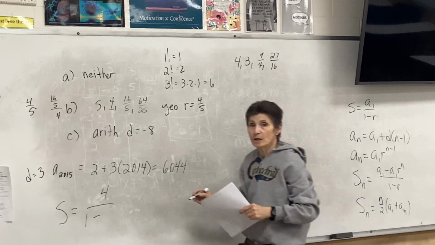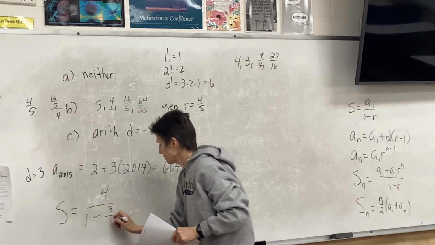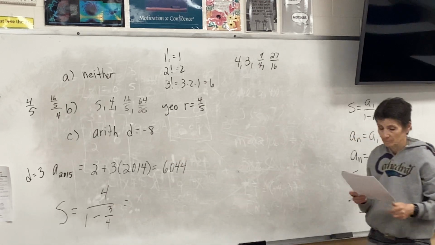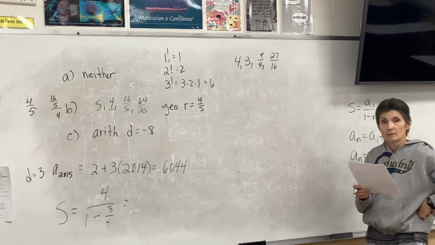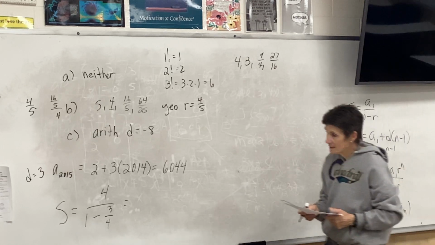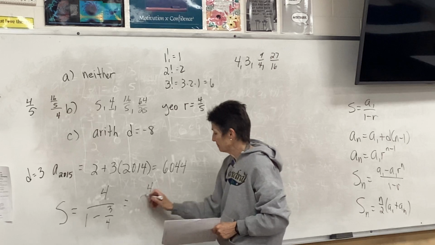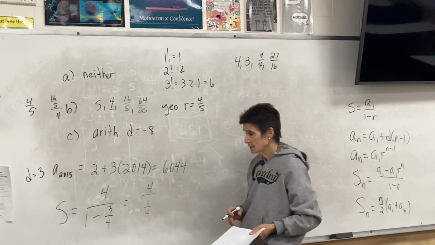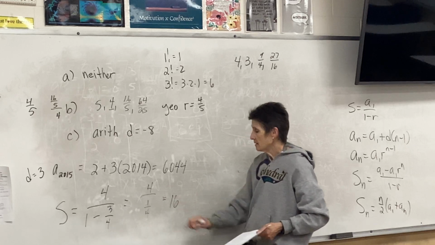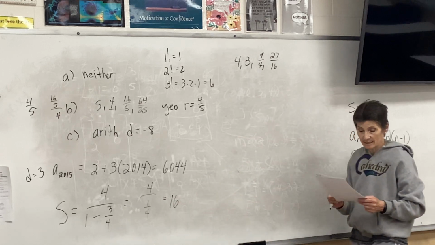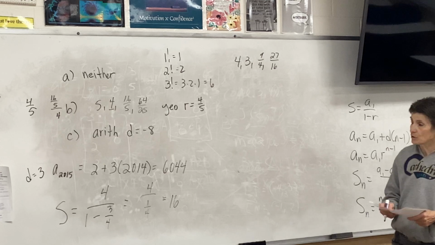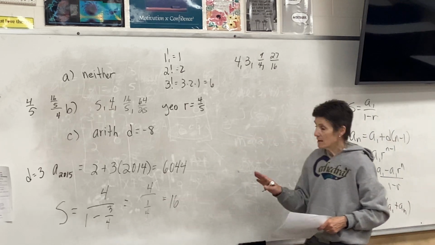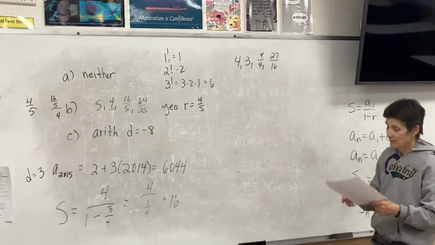So our ratio is 3/4. Well, 1 minus 3/4 is 1/4, or 0.25. Remember, you can use your calculator. So the answer is 16. So somehow you've got to come up with 16 as your answer. However you're doing it, fractionally or decimally, make sure you're getting 16 as the answer.